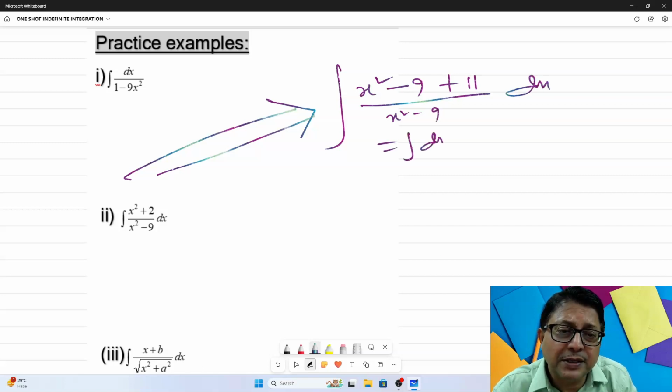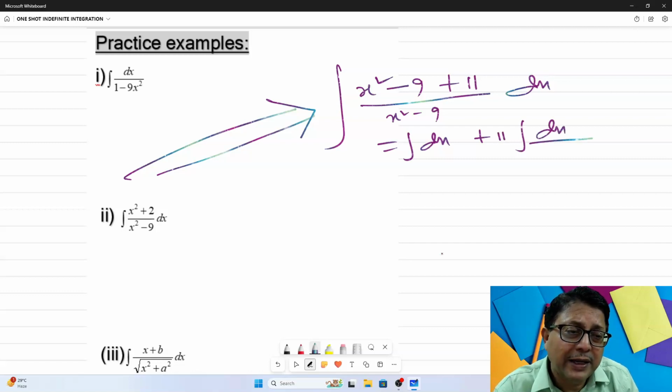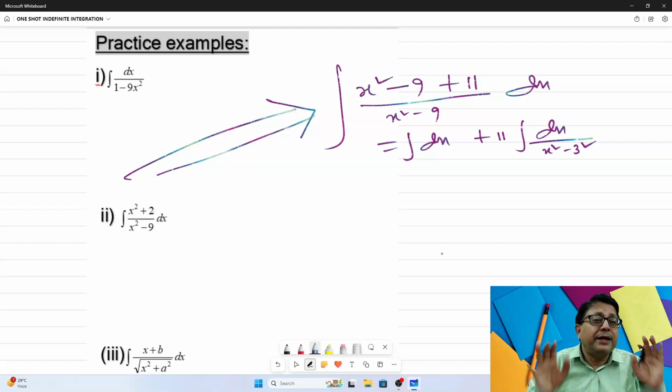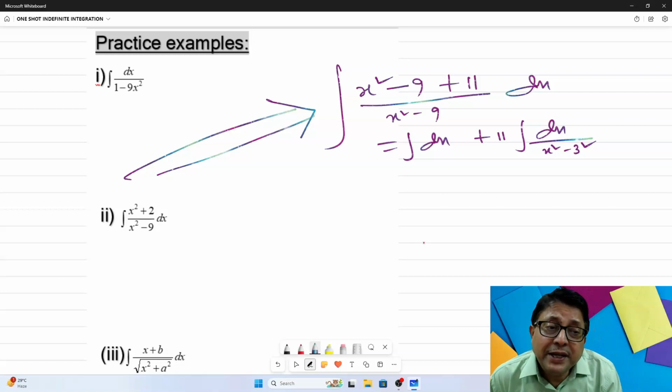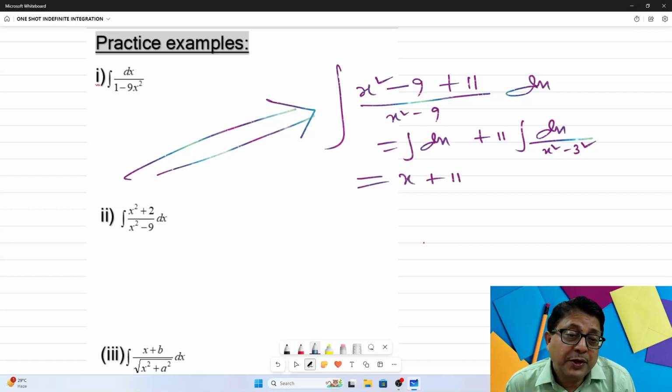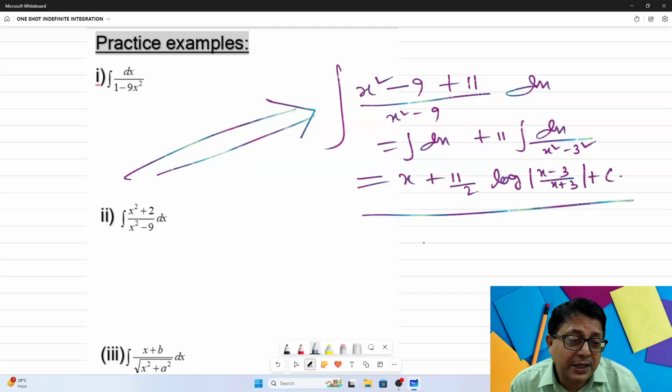Now separate 11 dx by x square minus 9. The coefficient of x square is 1, so we can write the formula directly. That's why getting the coefficient of x square as 1 is very important. x plus 1 by 2a log of mod of (x minus a by x plus a) plus c. This is the answer.